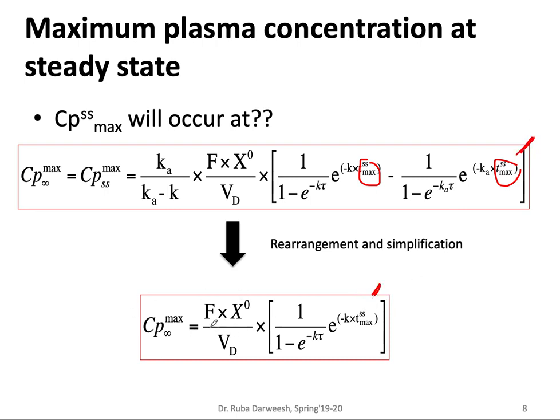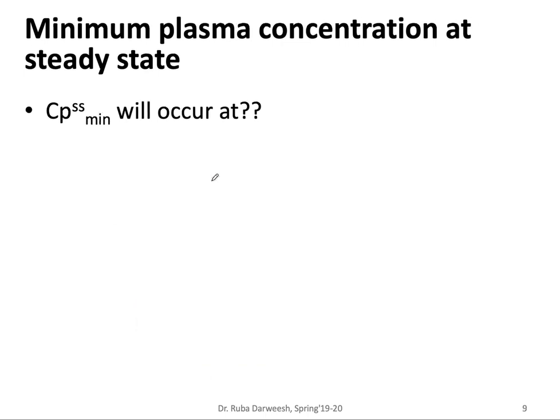And for sure in the exam, you will use this because it's shorter, so the margin of error will be less. Okay, for C minimum at steady state, steady state means that I need to set n equal to infinity, which we did just a couple of seconds ago, and minimum means that I need to have time equal to what? Tau.